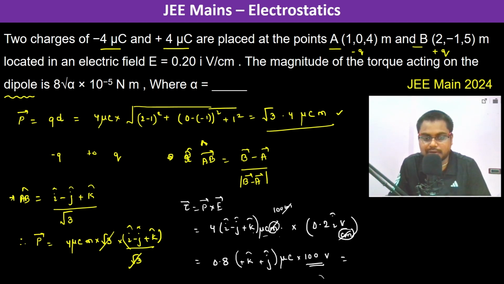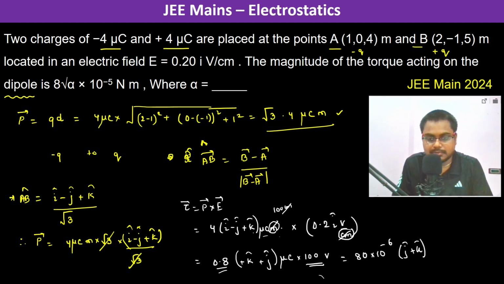So mu coulomb into volt, 0.8 into 100, so this is going to be 80 into 10 to the power minus 6 (j cap plus k cap) Newton meter.